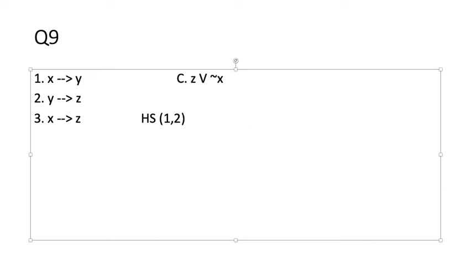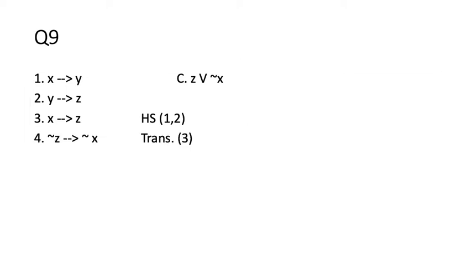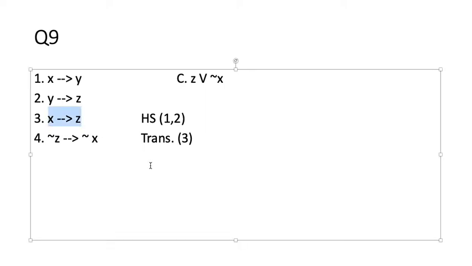So what I'm going to do instead is transposition on line 3. I'm going to reverse the order of antecedent and consequent in my conditional to get if not z, then not x.